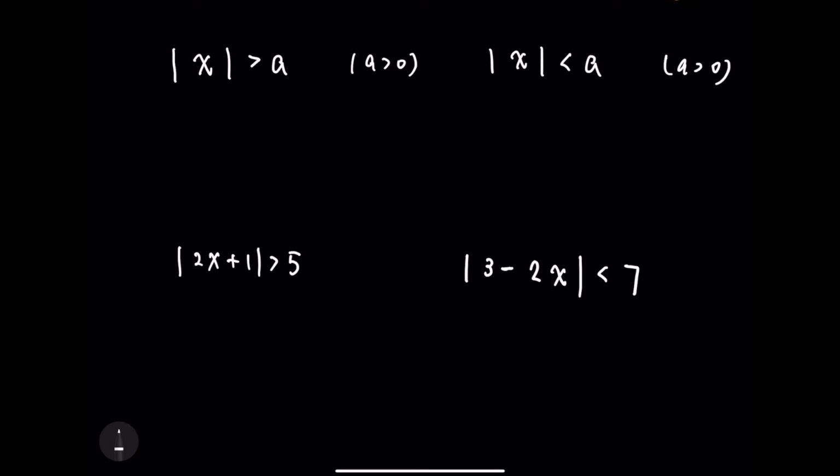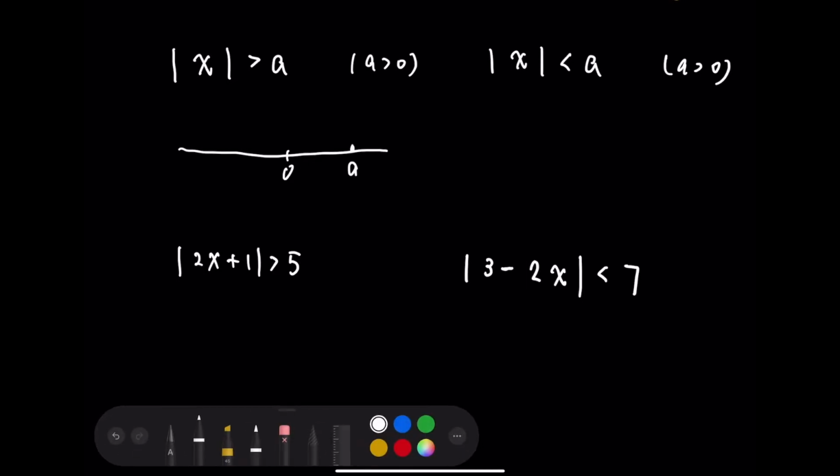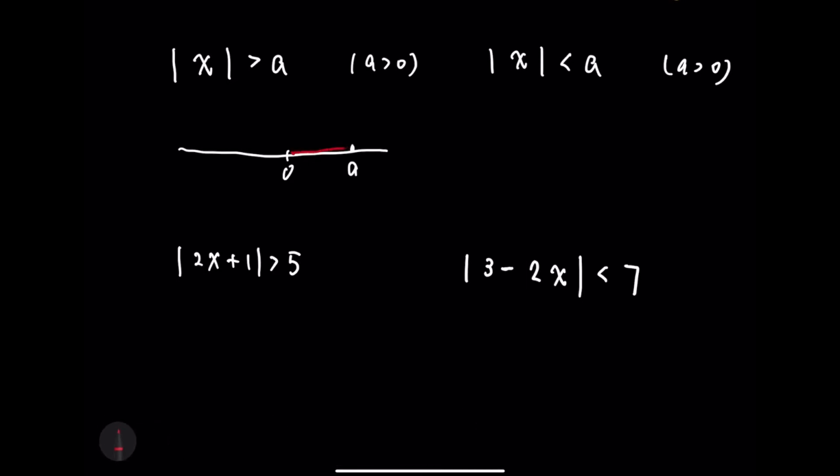It means on the number line, you have the origin, and let's say a here. So distance to the origin bigger than a. So if this is a, the distance would be that distance.